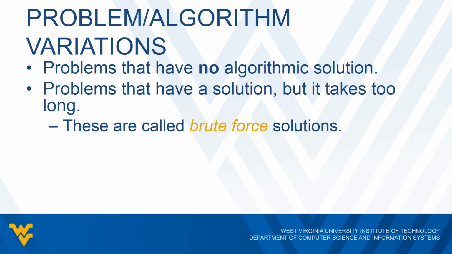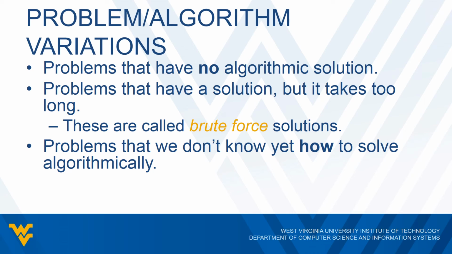Will you get the solution? Yes. You will eventually find the password, but it will take forever to do it. And this is a reason why you're told to use uppercase letters, lowercase letters, special characters, and all that. Because it just takes so long. Like if someone wrote a program to try all combinations, eventually they'll get it, but it may take years before they get the solution. So these are what we call brute force solutions. These are inefficient solutions for solving a problem.